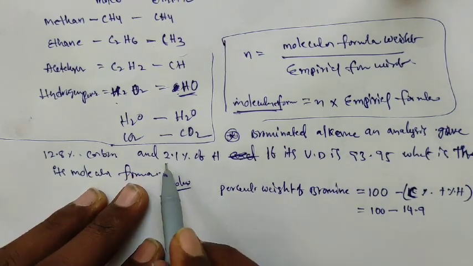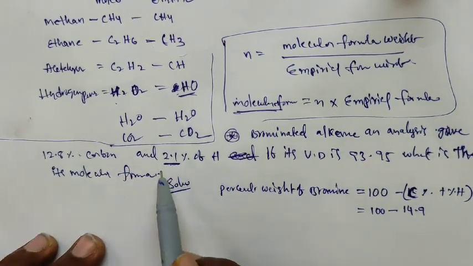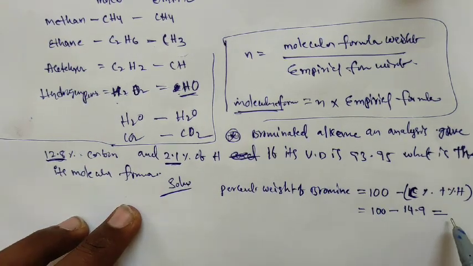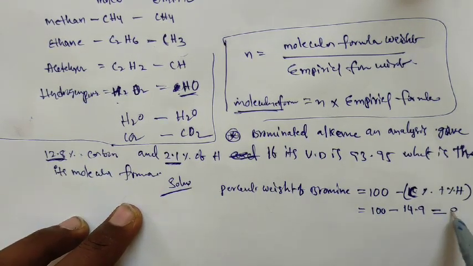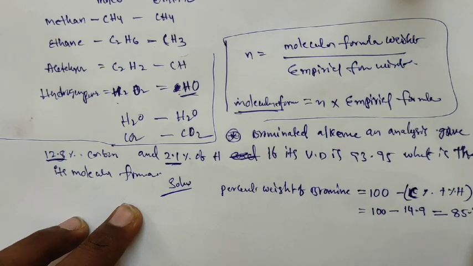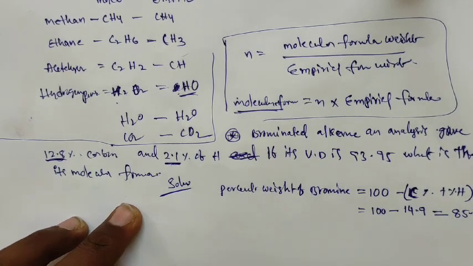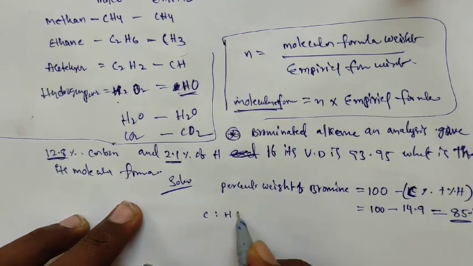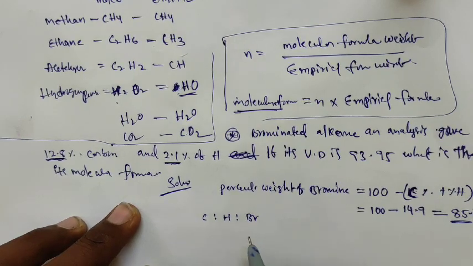14.9 percentage, because 21... 2.1, no, 12.8. So we can remove, means we will get 85.1 percentage for which one? Bromine. Now carbon to hydrogen to bromine.